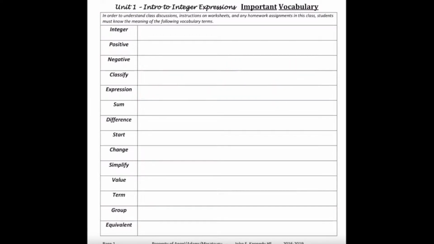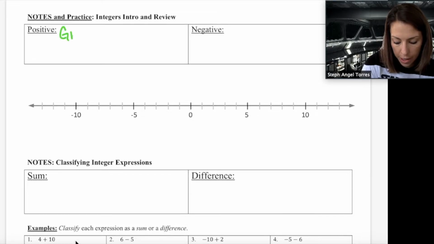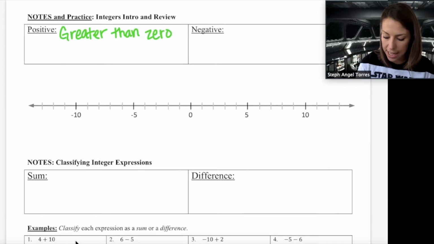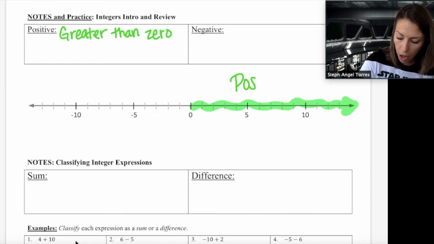So let's start with the word positive. Positive means any integer that is greater than 0. On a number line, it's important to note that that is anything to the right of 0. All of these numbers are what we would call positive integers.